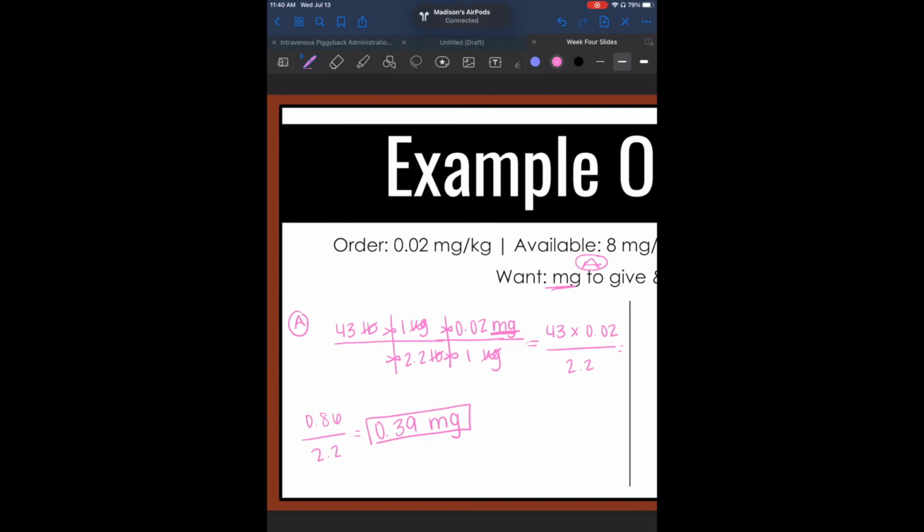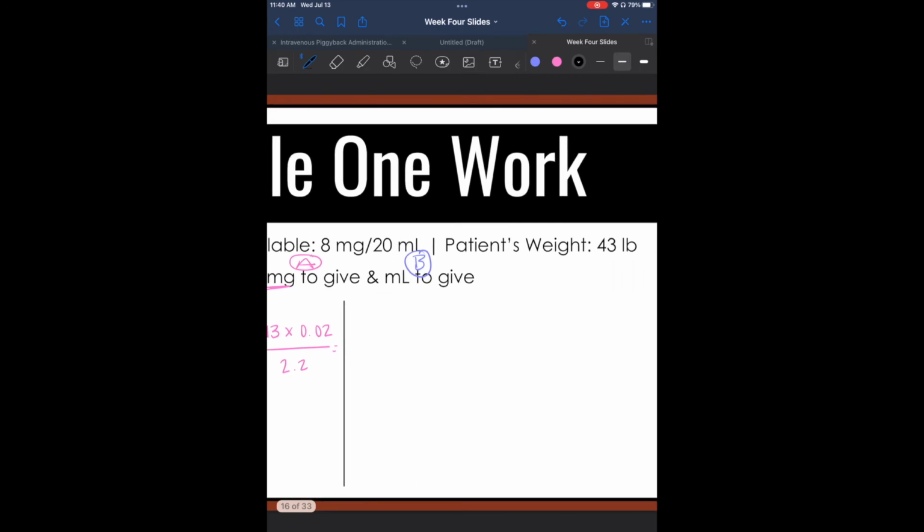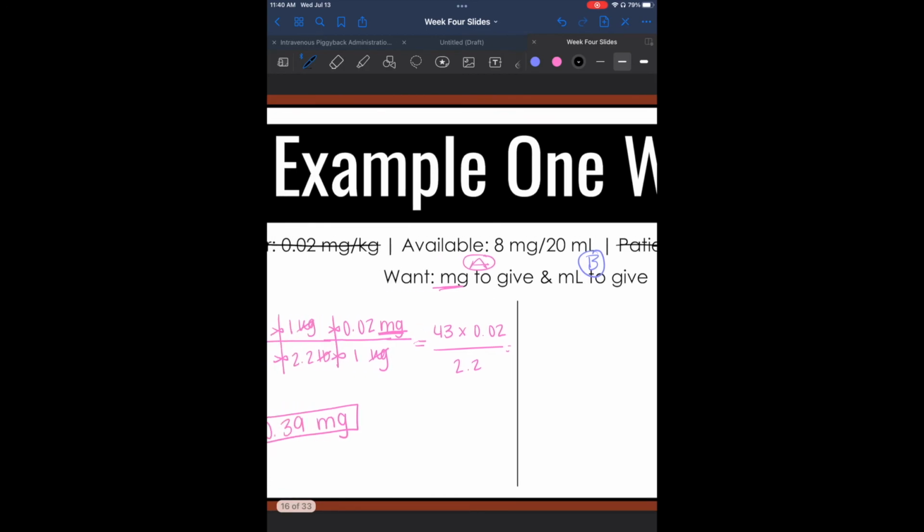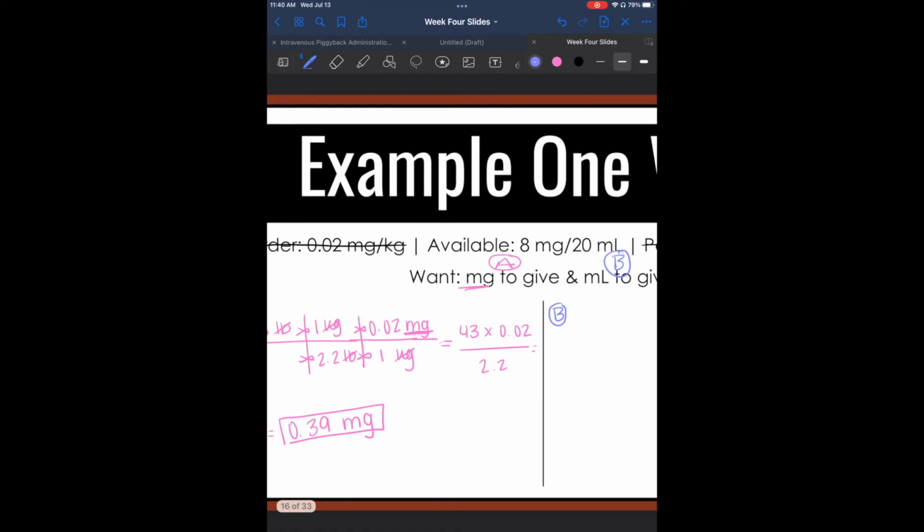All right, so remember I said we're going to use everything once. So we've used our order, used our weight, so all we have left is what we have available and our answer from A. So A is going to help answer B in this case. So this 0.39 milligrams is going to become our order.